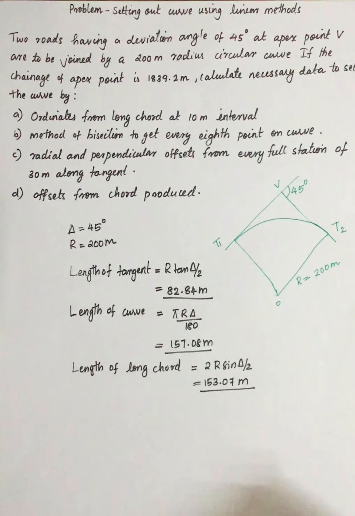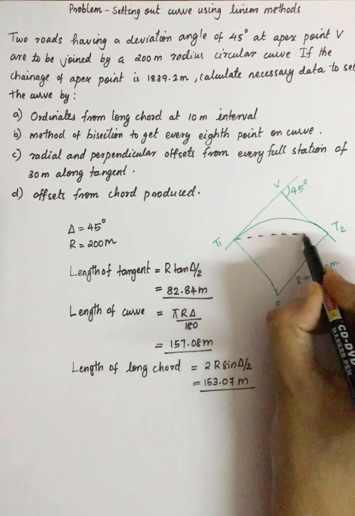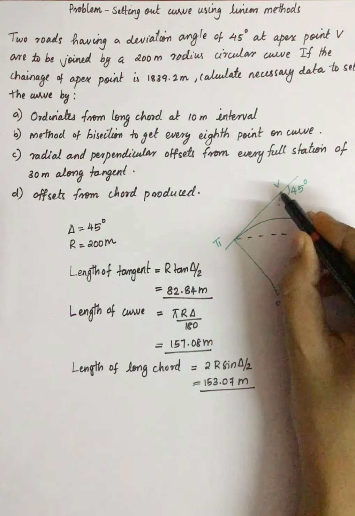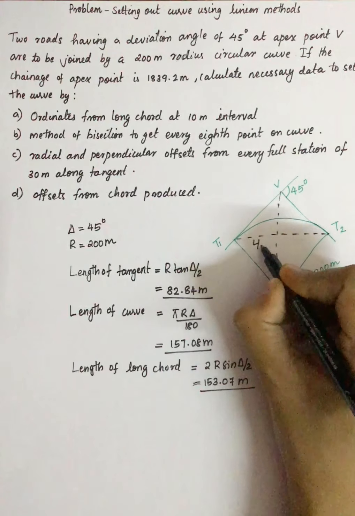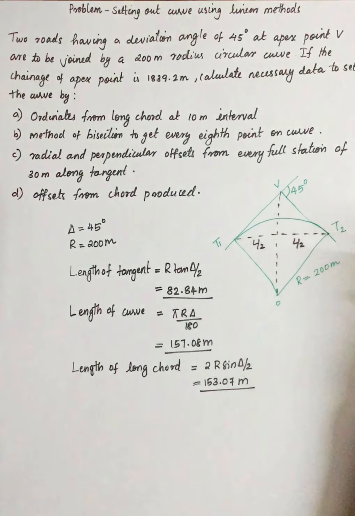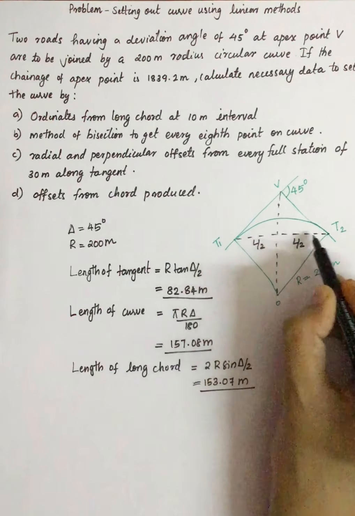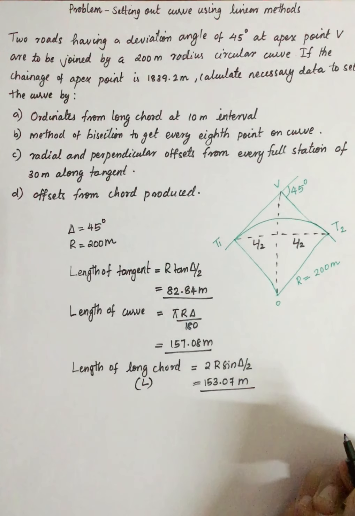Okay, so the fundamental elements of the curve, length of the tangent, length of the curve, length of the long chord, etc. we calculated. So let us mark these elements in the figure. This is the length of the long chord, right? So when we divide this curve into two equal parts, this will be L by 2, this is L by 2. So this is capital L, length of the long chord.